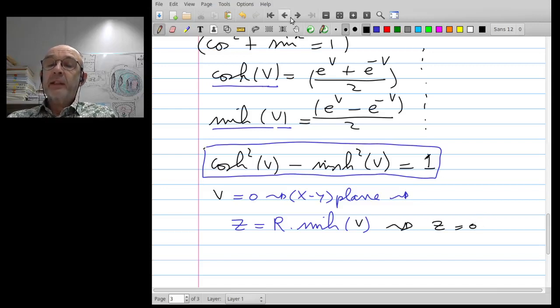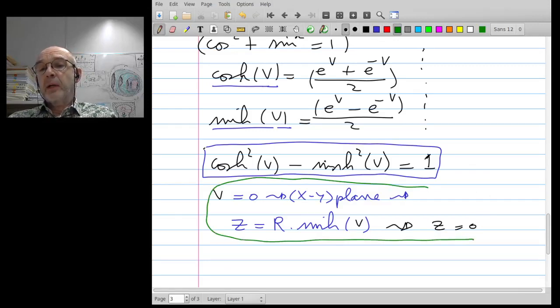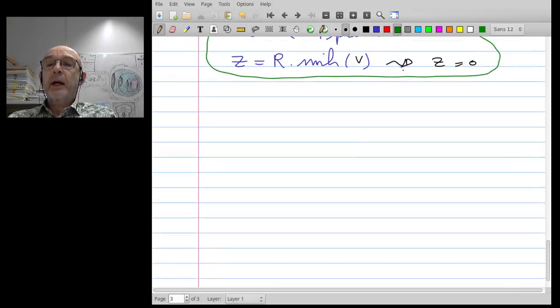I think that we can use this for our hyperboloid to parameterize. And so I have the suggestion to do the following. We take x, y, z.